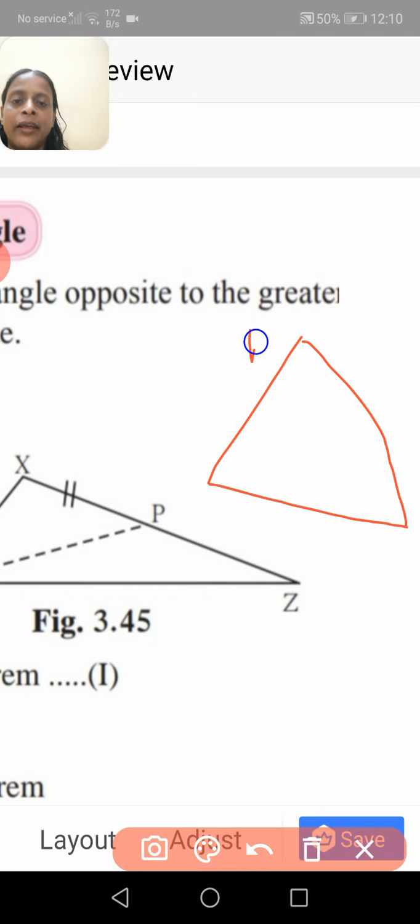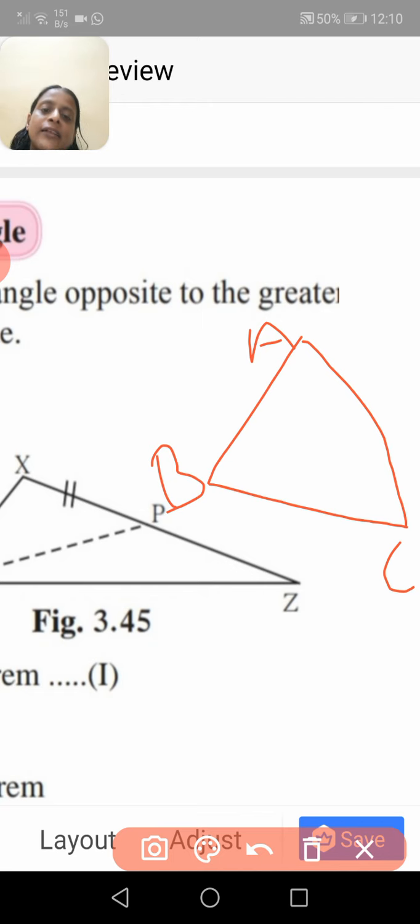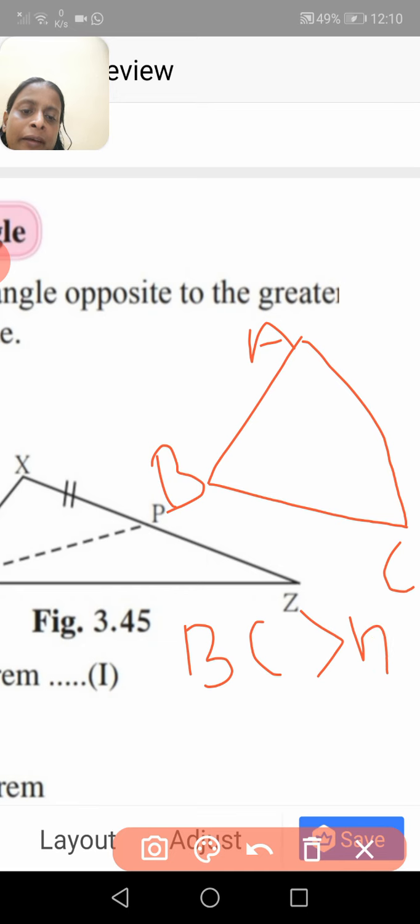So if ABC is the given triangle, and let BC be greater than AB. Opposite of BC is which angle?